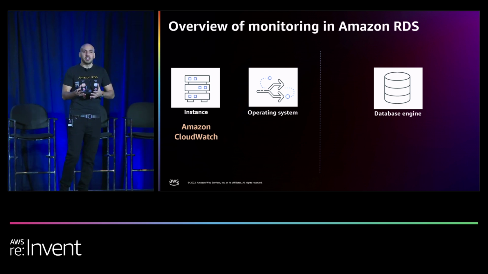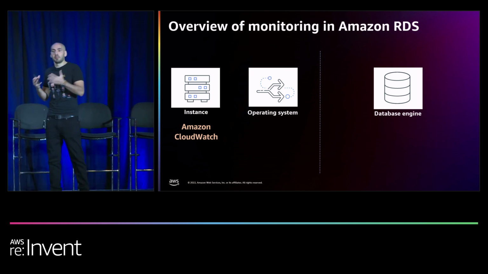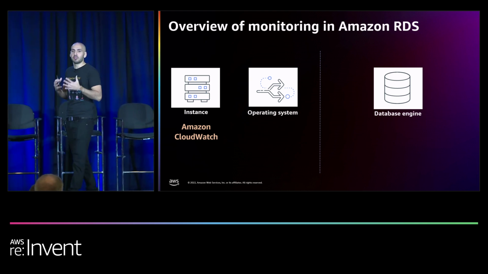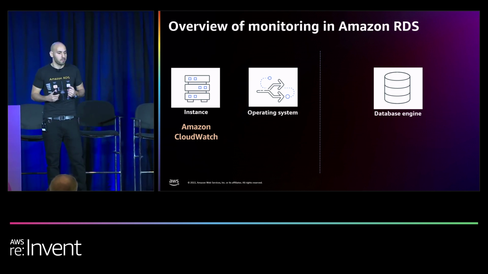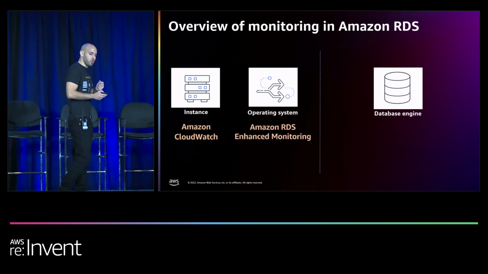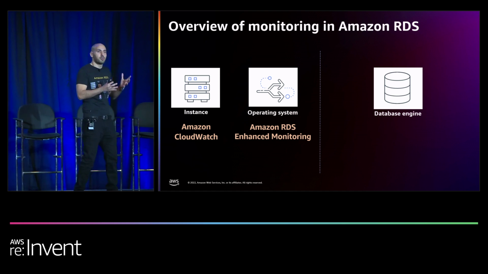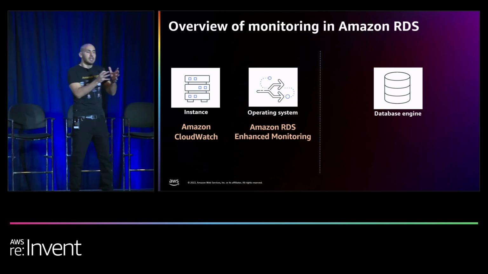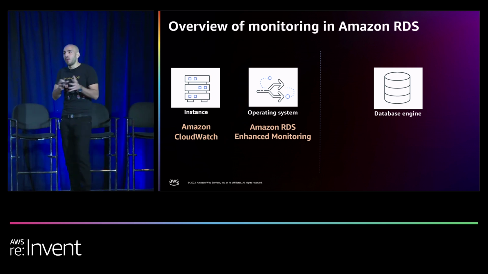You can monitor instance-level metrics such as CPU and memory utilization, storage throughput, storage IOPS, and dozens of other instance-level metrics. When it comes to deep dive operating system monitoring, let's assume you would like to get more visibility into granular OS-level metrics such as Linux huge pages activity and swap activity.